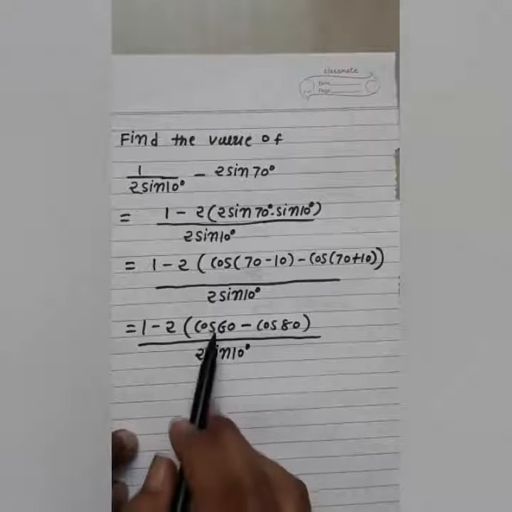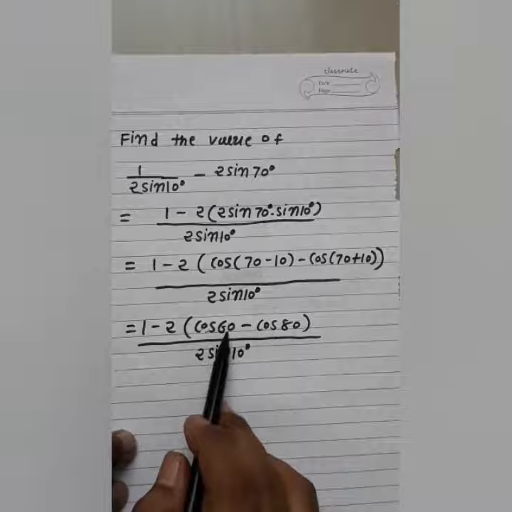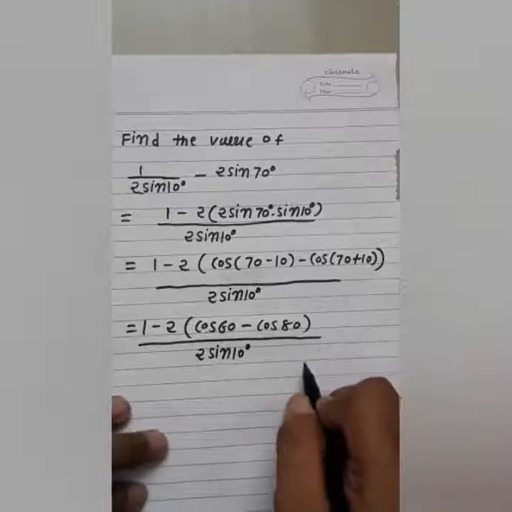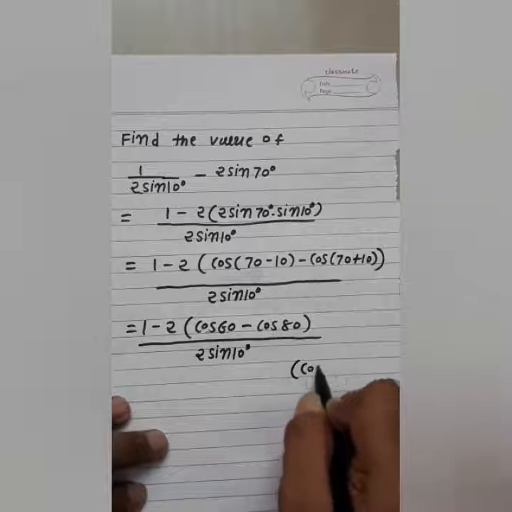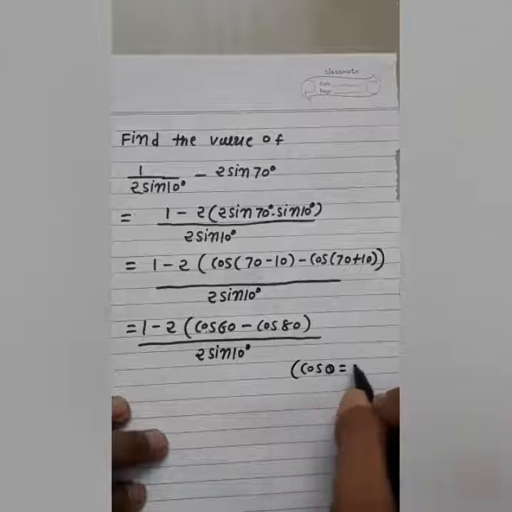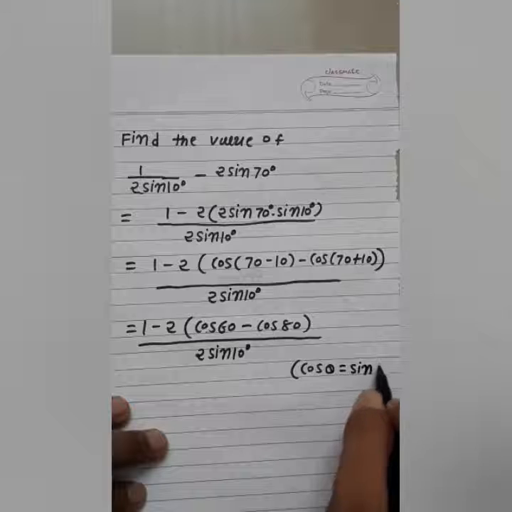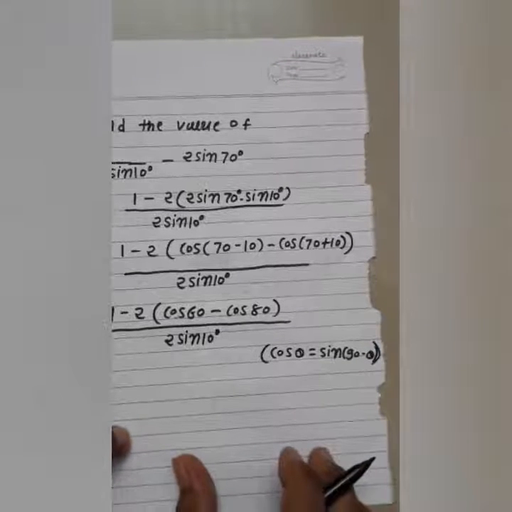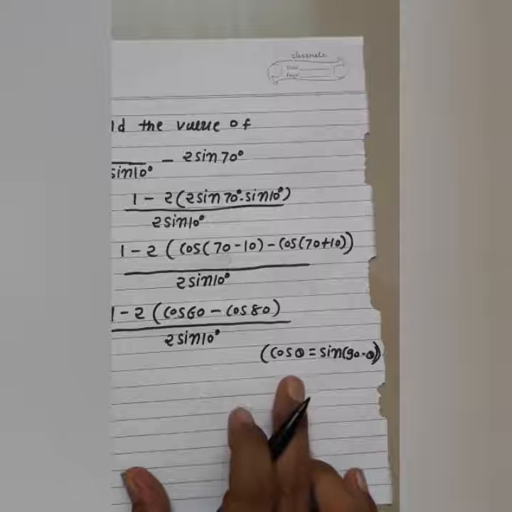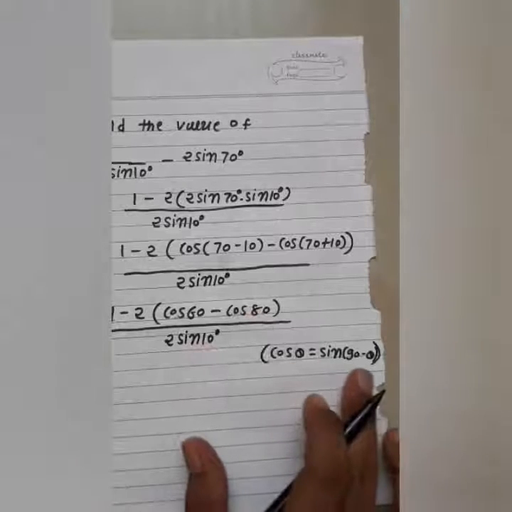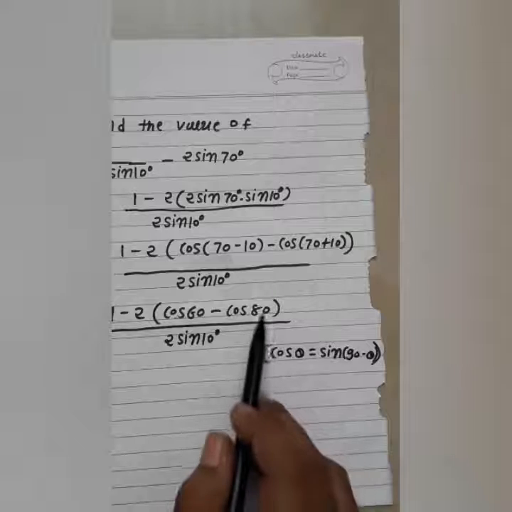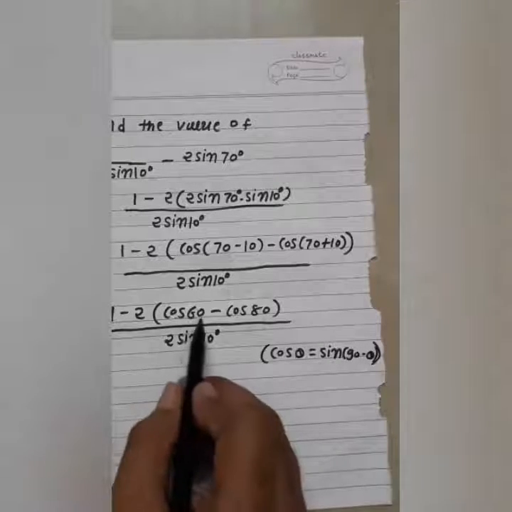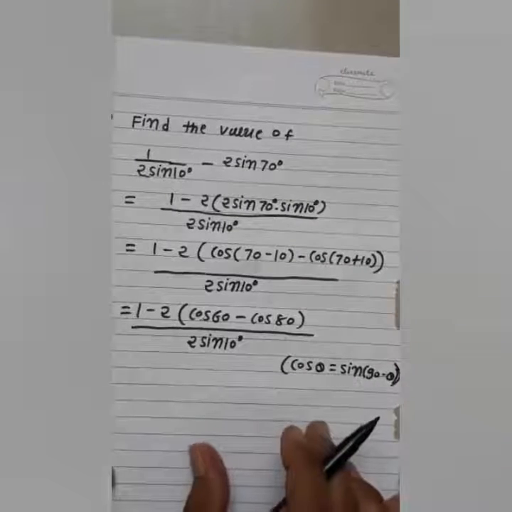Now we know that the value of cos 60 degree is 1 by 2, and cos 80 degree, we know one result: cos theta is equal to sin(90 minus theta). So here, for cos 80 degree, using this result, in place of theta we consider 80 degree, and the cos 60 value is present in the trigonometry table.